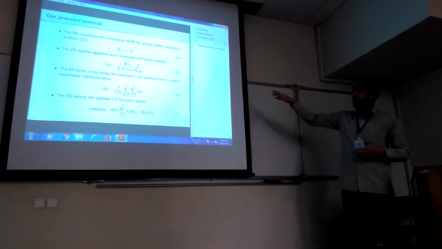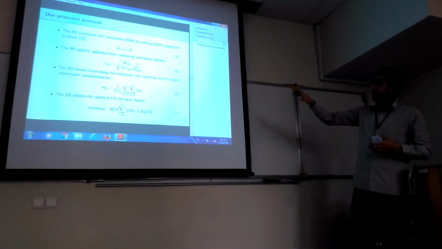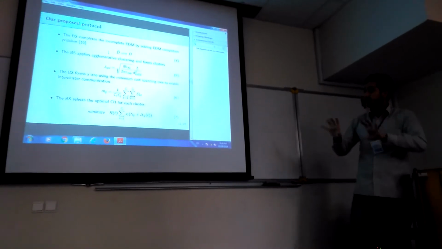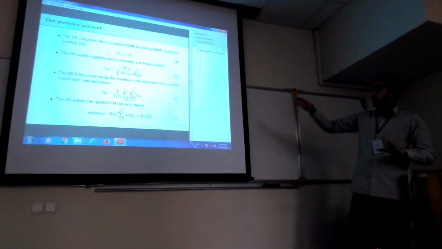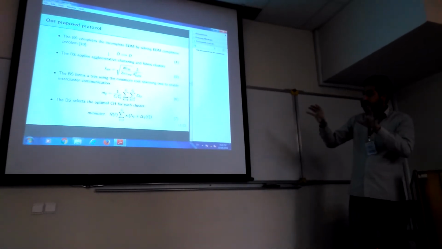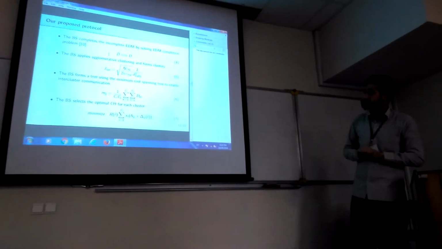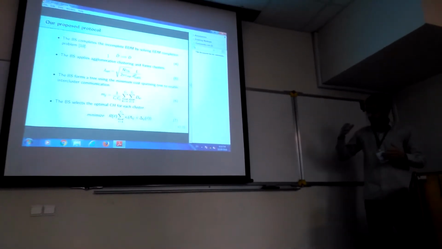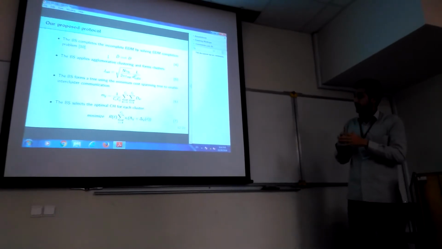Then we form the spanning tree, the minimum cost spanning tree, to connect all isolated clusters together. The cost between each two clusters can be calculated according to equation 6. And the final step is the cluster selection.